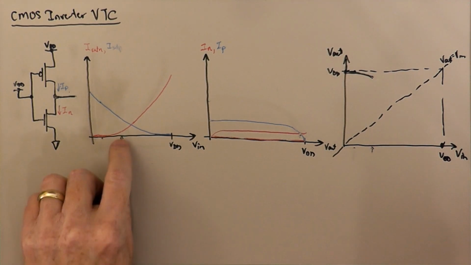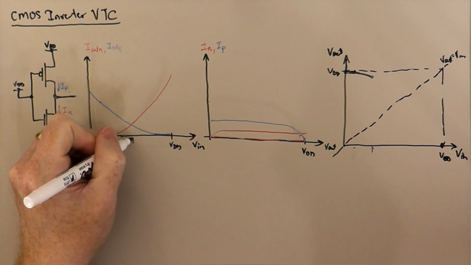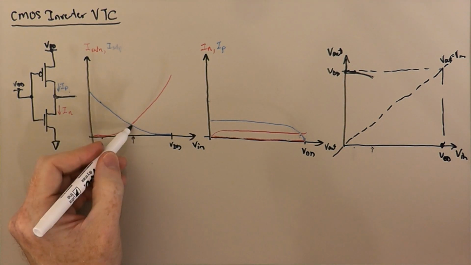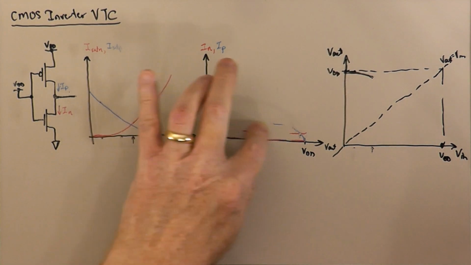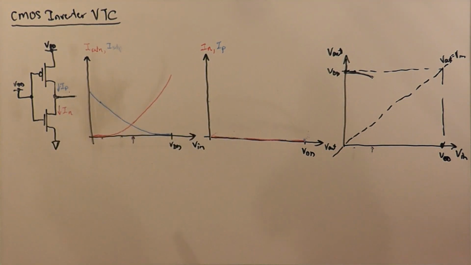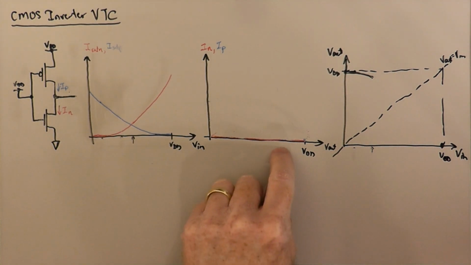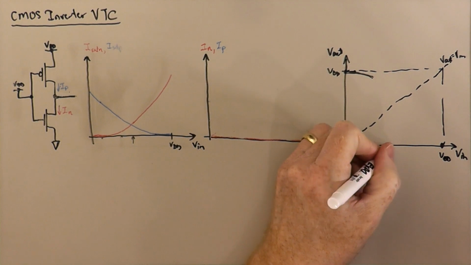So now if we move over a little bit further, let's say to this point where these two curves actually cross, well, at that point, both of these drain characteristics are going to have the same sort of saturation current value. And if one pops up a little bit and the other one pops down a little bit, the place where they cross is going to switch from near VDD to near ground very, very rapidly. So this is about, say, right here.